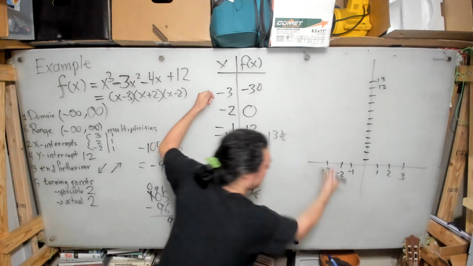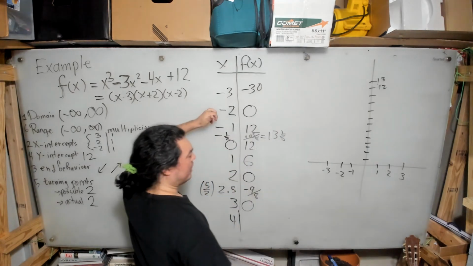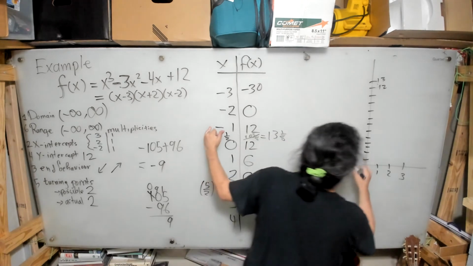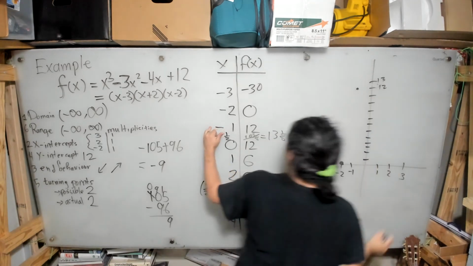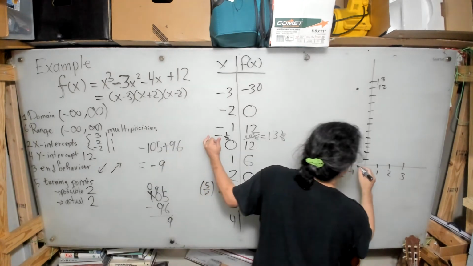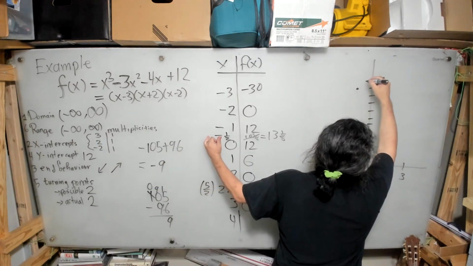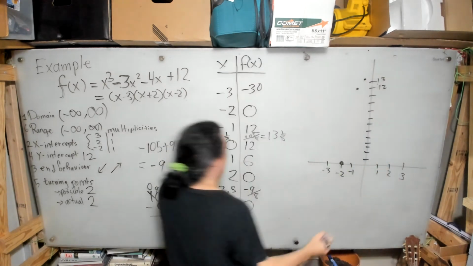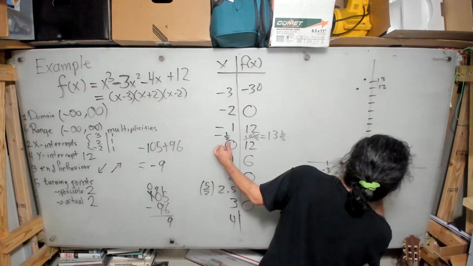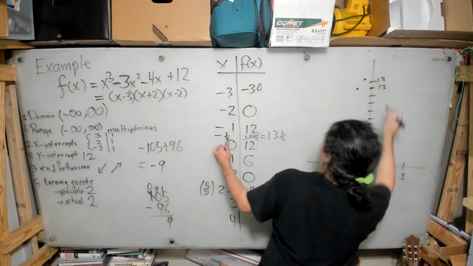At -3, -30, it's going to be way too far down. -2, 0, here. -1, 12, it's going to go right there. -1/2, above 13, more or less. So about right there. At 0, it's going to be 12 again. So right there.